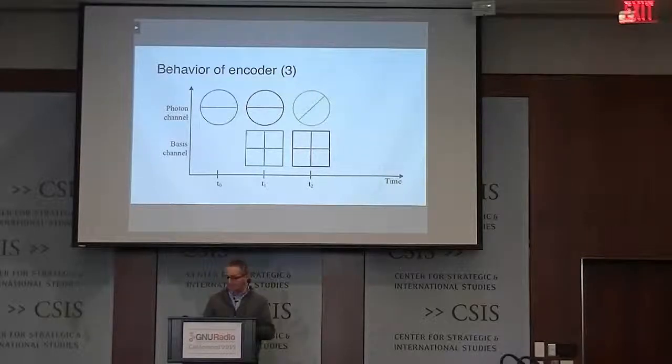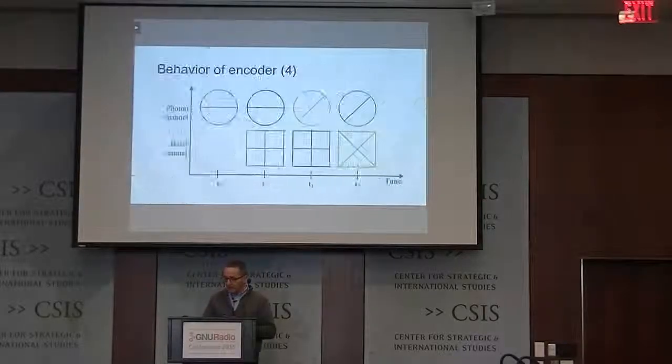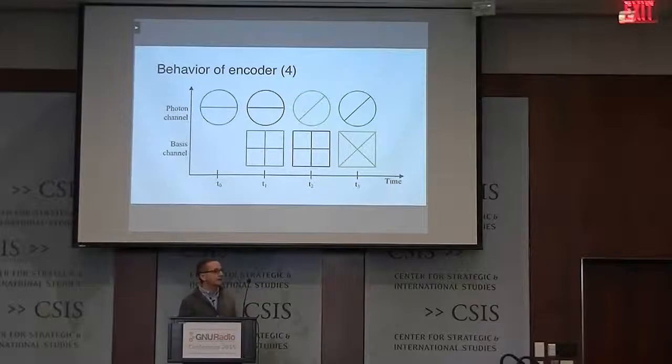There's a yellow photon after that, and I send a green photon. So the first two are in the rectilinear polarity, and the last two are in the diagonal polarity. Okay? So with this, half of the photons will be usable, and half of the photons won't be usable.